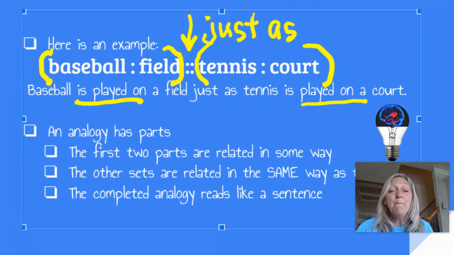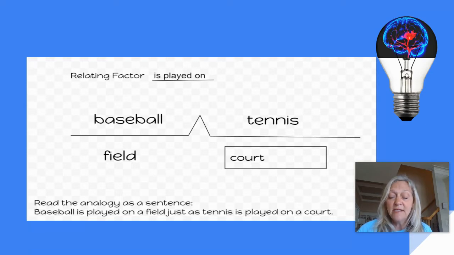So we've got baseball is related to field because baseball is played on a field. And in the same way, or just as, tennis is played on a court. So an analogy has parts. The first two parts are related in some way, and the other sets are related in the same way as the first. And the completed analogy reads like a sentence.